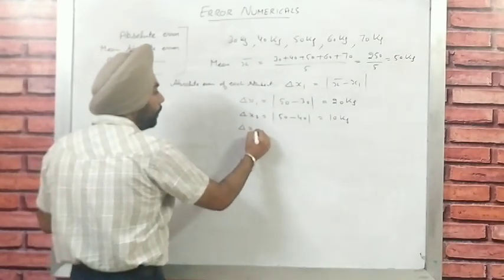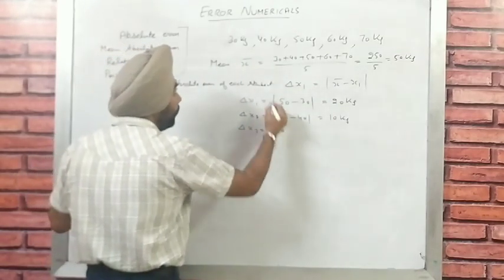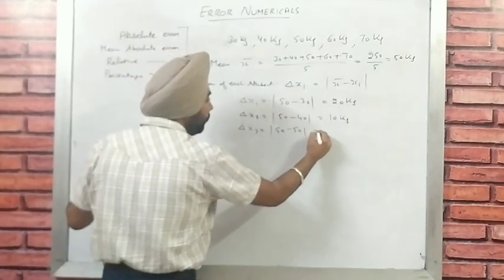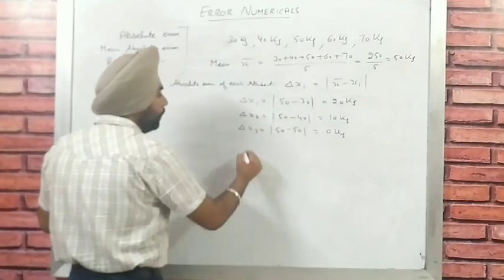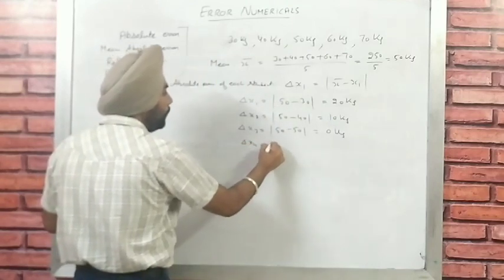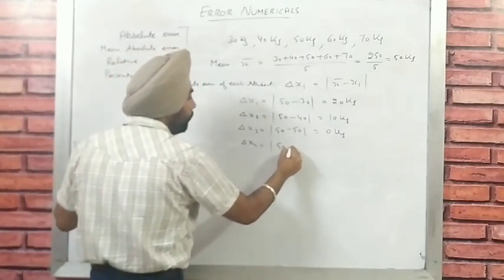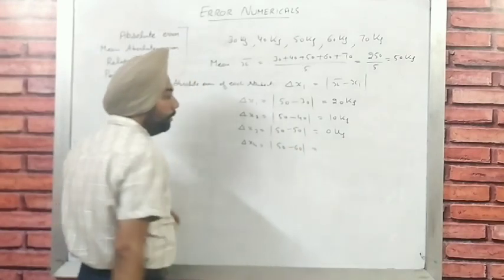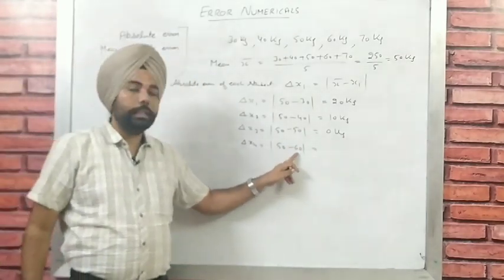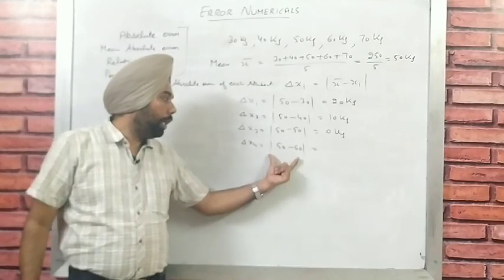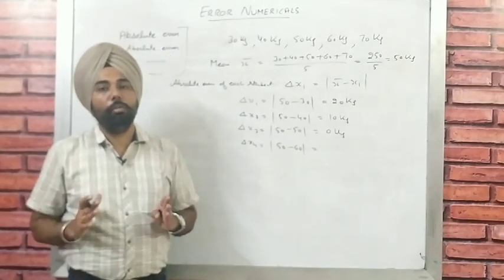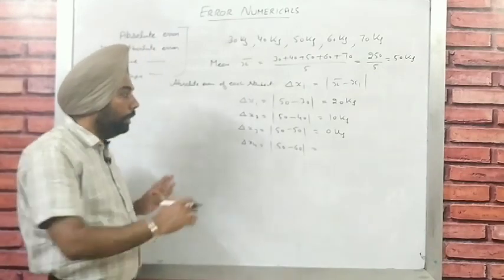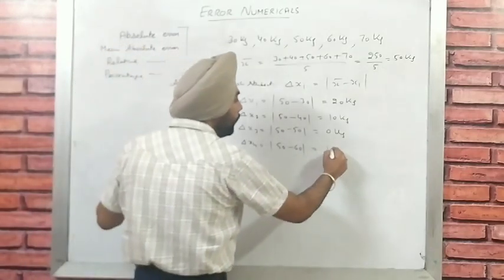Now the absolute error of the third student is going to be 50 minus 50, which is going to be 0 kg. Now the fourth student has absolute error 50 minus 60. Now 50 minus 60 is minus 10, but we have a modulus of that, which means the always positive value of absolute error is going to be taken.